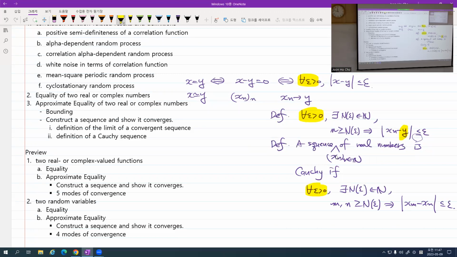Here we have the same thing, but the difference is that here only n is involved, but here you have two indices.